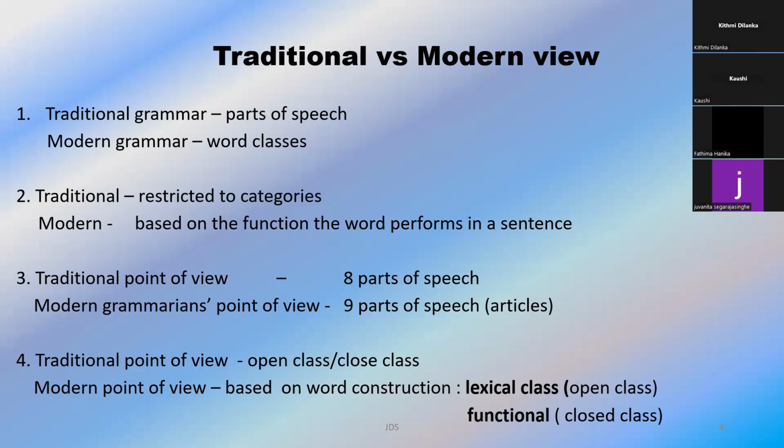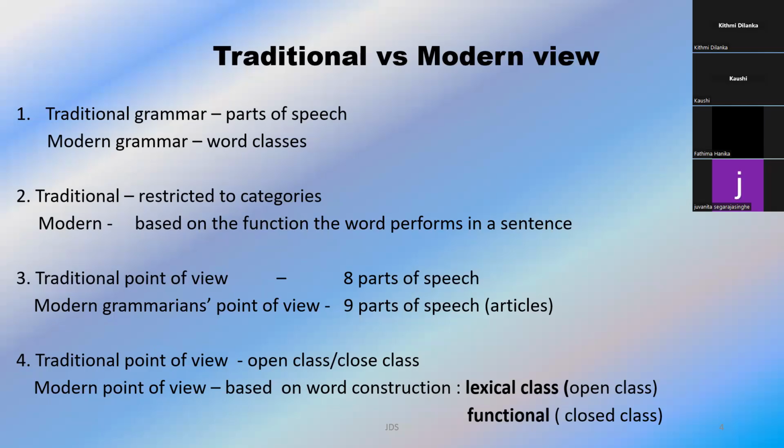And also the modern point of view allows the words to fall into more than one class. There is a possibility of classifying the same word under more than one class, based upon the function that the word is performing in a sentence.